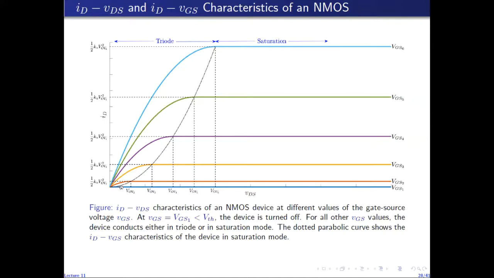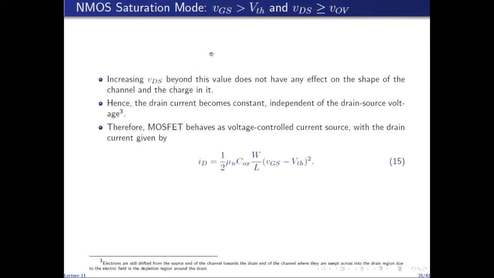They can be seen to lie on this parabolic curve, because from 15 we see that the saturation current has quadratic dependence on VGS. So this results in a parabolic plot of this equation.